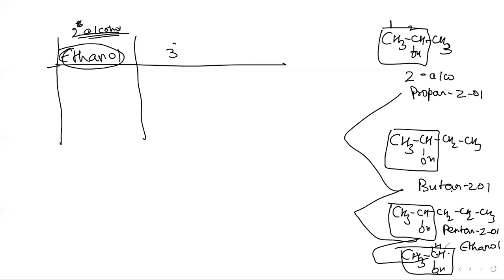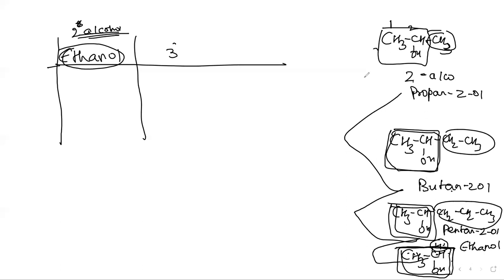Apart from CH3, CHOH, here you have this alkyl group: ethyl group, propyl group, methyl group, and in ethanol you have hydrogen. But in all of them the common feature is the CH3, CHOH bond. So all these alcohols will answer one test called the iodoform test.